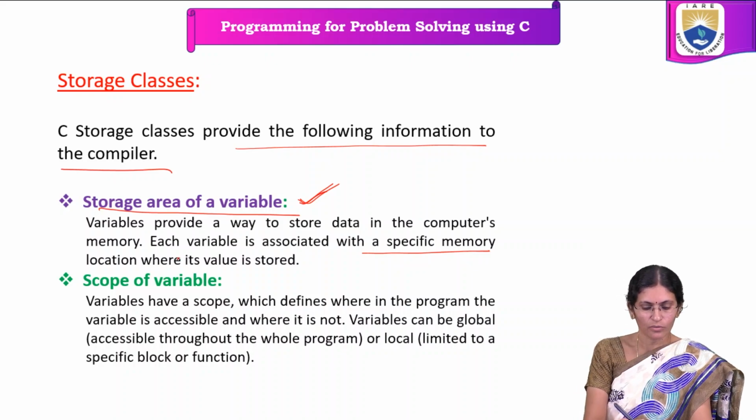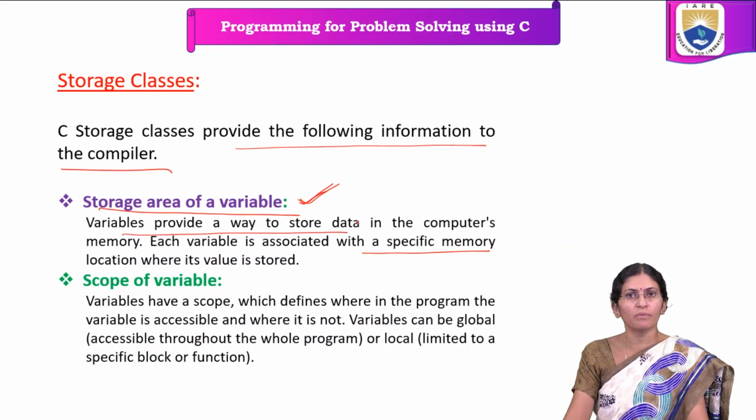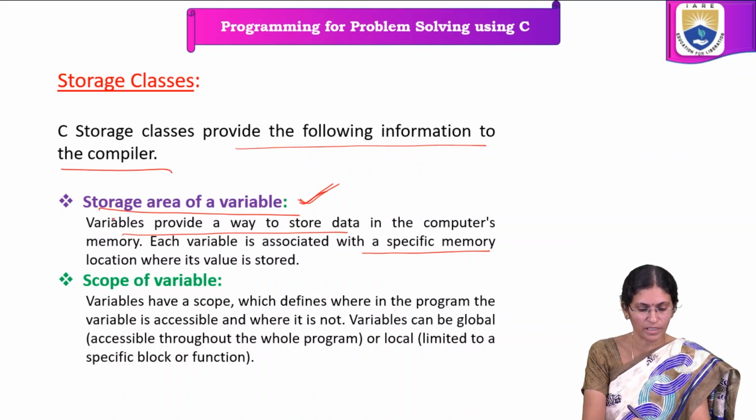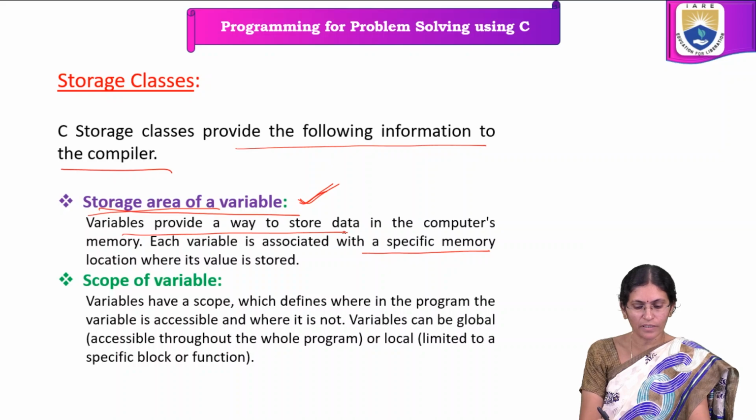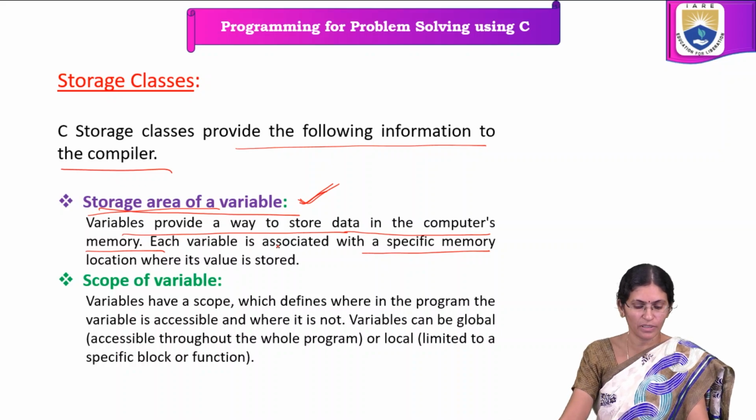So where the variable will be stored is determined by this feature, the storage area of a variable. Variables provide a way to store data in the computer's memory. Each variable is associated with a specific memory location where its value will be stored.